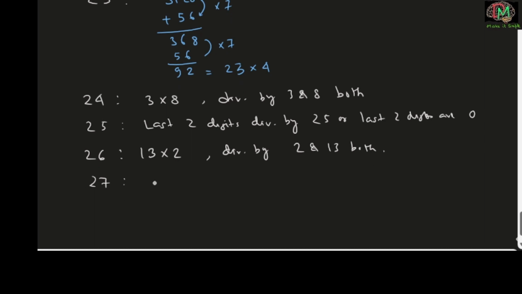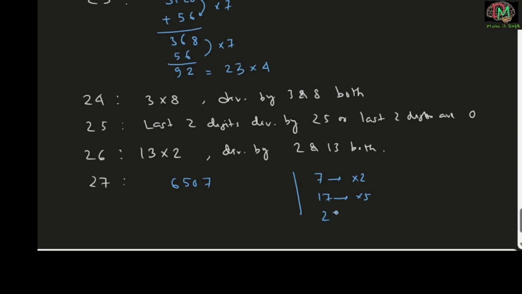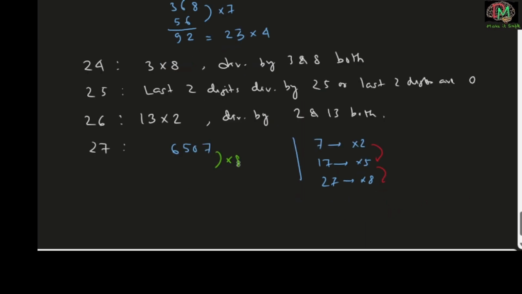For 27, we have to remember the rule of 7 and 17. Let's take one example, 6507. Again, remember, for 7 we multiply by 2 and deduct from the rest of the number, and for 17 we multiply by 5, and here for 27 we multiply by 8, with a 3-digit gap, multiply with 8 and deduct it.